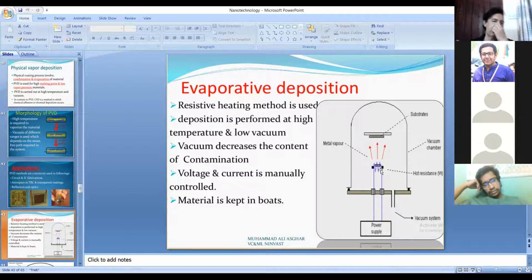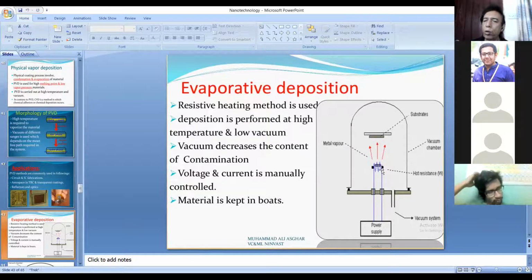Generally, this heating coil is made of a high temperature material, say for example titanium or rhodium. You will heat this aluminum with that coil.